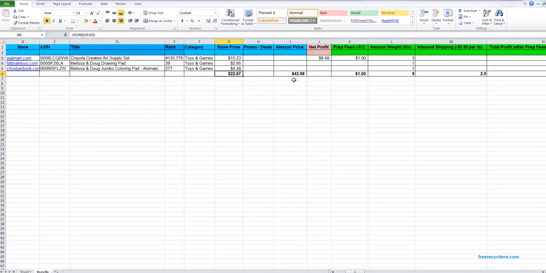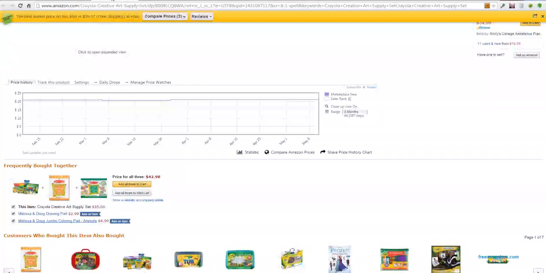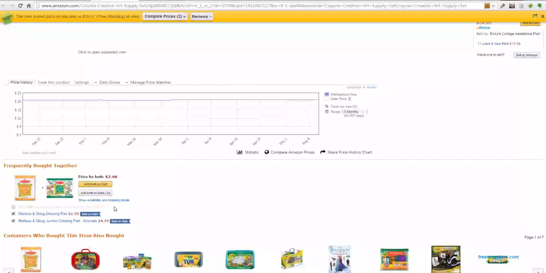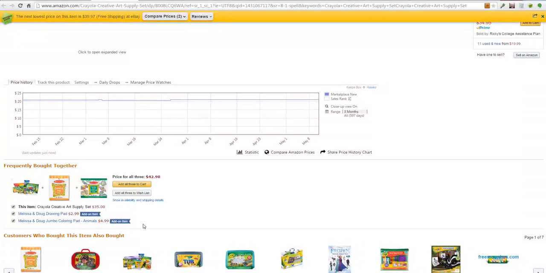So I've just totaled the three amounts together as our store price, because that's going to be the purchase price. For the Amazon price, I've used $42.98, which comes from the price if all three items are purchased together. So I'd like you to work with that figure for now. Now that's not necessarily the selling price, because sometimes people will buy for more, because people just want to buy three items together.